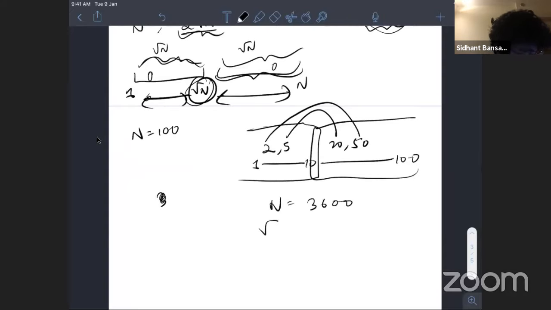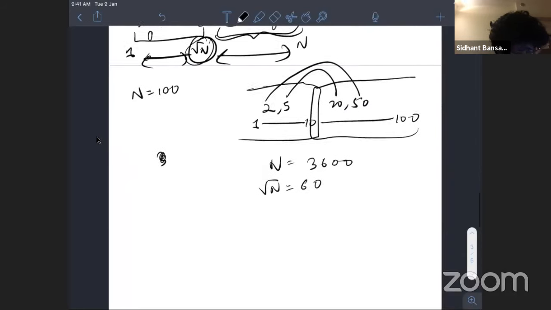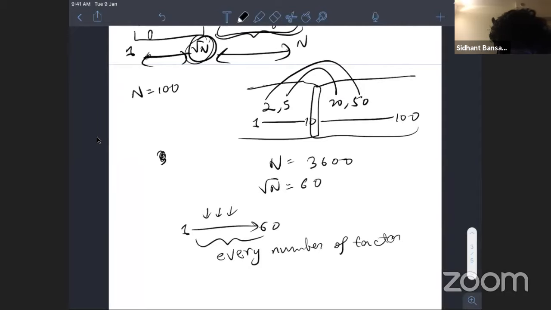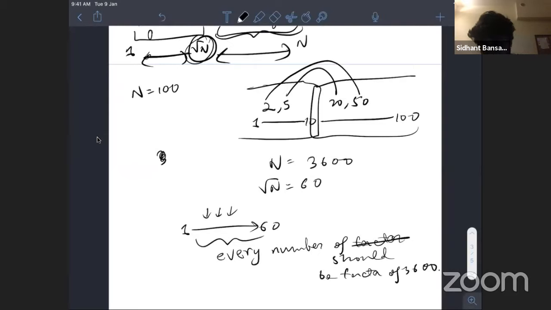What's the square root? 60, right? So what you want is that from 1 till 60, every number should be a factor of n. Now you can easily notice that this is not going to be true. Every number should be a factor of 3600. Only then you'll get something like 2 square root n factors, right?